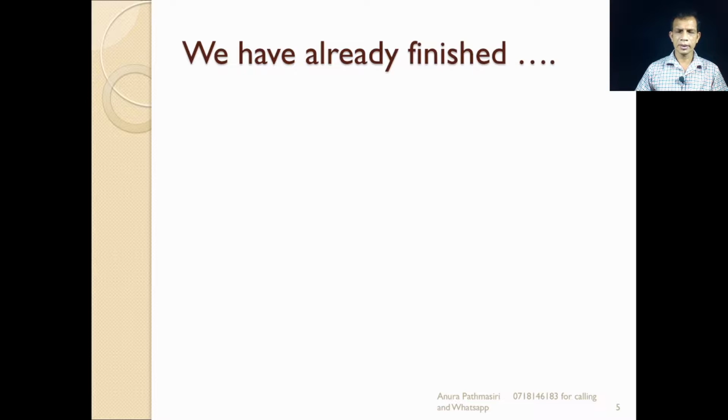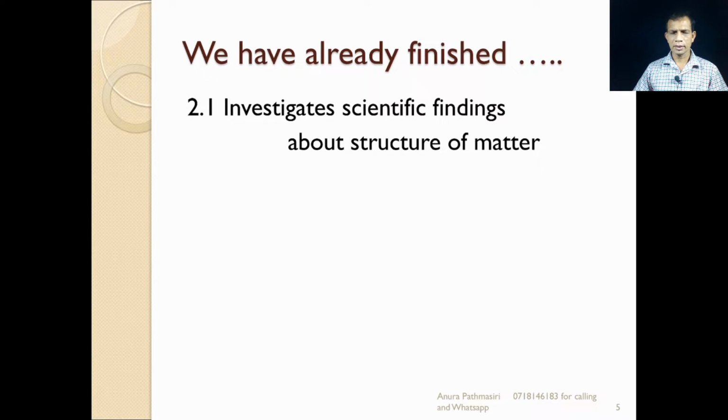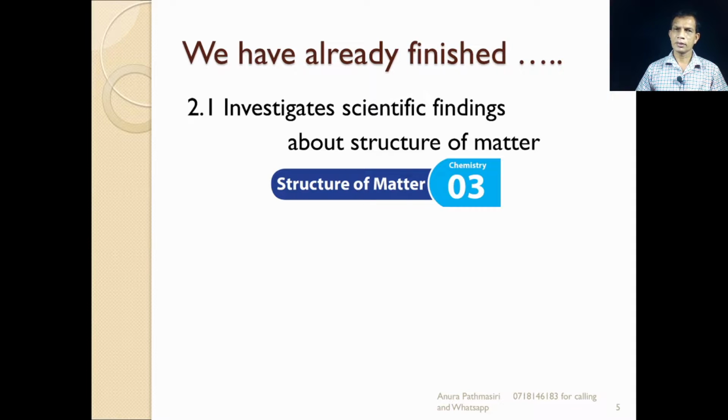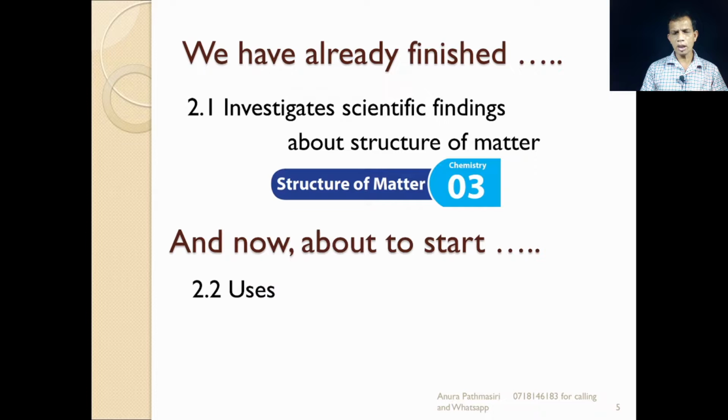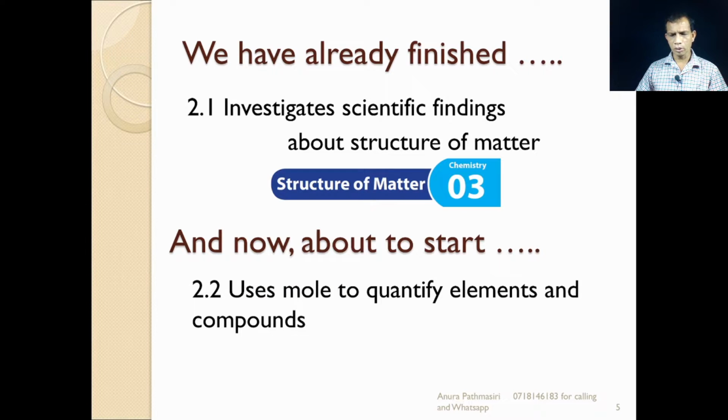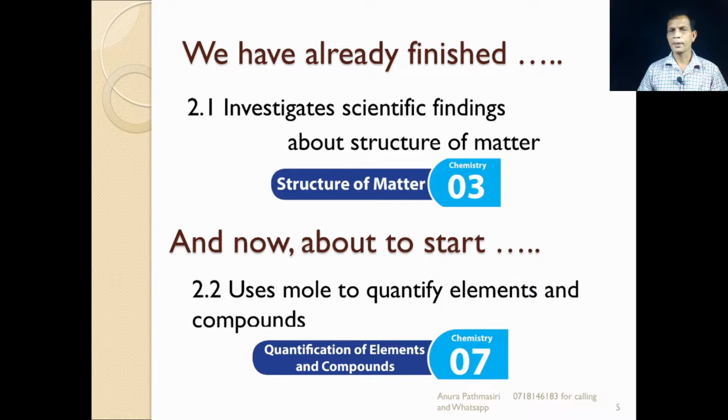To get back to the lessons, we have already finished investigating scientific findings about the structure of matter under Unit 3. That was in your first term. And now we are about to start the use of moles to quantify elements and compounds under Unit 7.